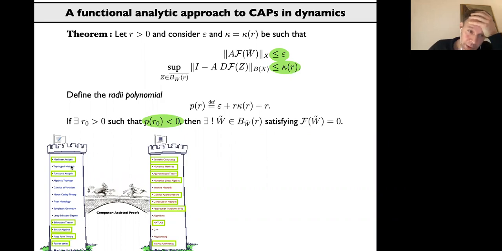For the other part, I don't give you details, but we use tools from nonlinear analysis, the Banach algebras, to compute quantities which in the end we use the computer to compute rigorously with interval arithmetic. But really, from the left tower, we use tools from nonlinear analysis and functional analysis to compute these bounds.